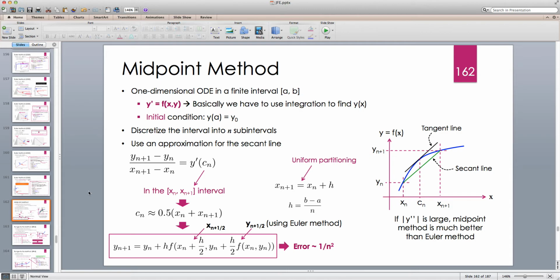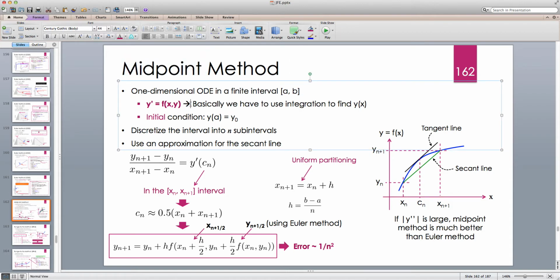Instead of having 1 over n, we have 1 over n squared, 1 over n cubed, etc. And as you can probably guess, it always involves more evaluations of the function. Euler was simplest because we only had one evaluation of f of x and y. But in higher order methods, which start with a better error, we always get more and more evaluations of the function. So there's always a trade-off, which method to choose and which acceleration to go for.